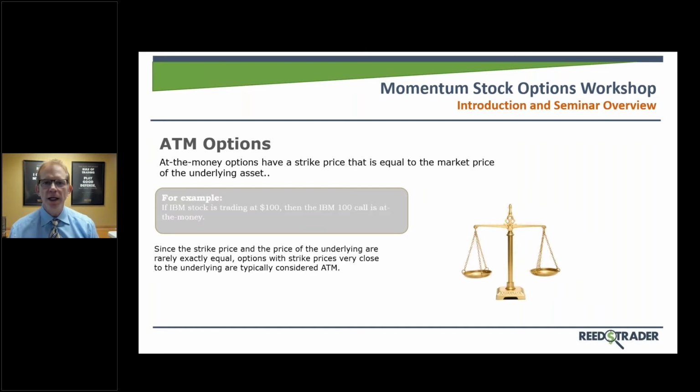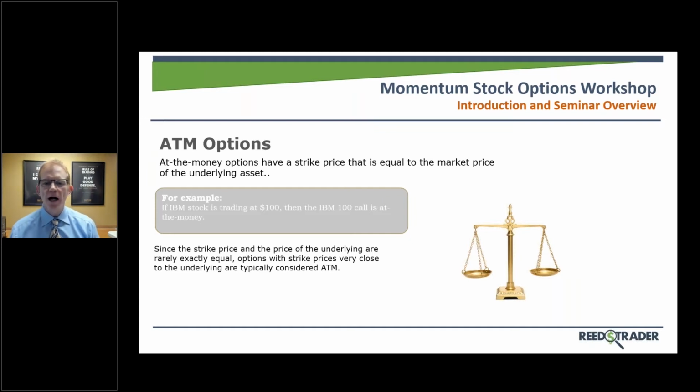Okay, at the money is a relative term. It's for those of you who love fuzzy logic. An at the money option has a strike price that's equal to the market price of the underlying asset. So if IBM stock is trading at $100, then the IBM 100 call is at the money. It's usually used in a more fuzzy sense, though.